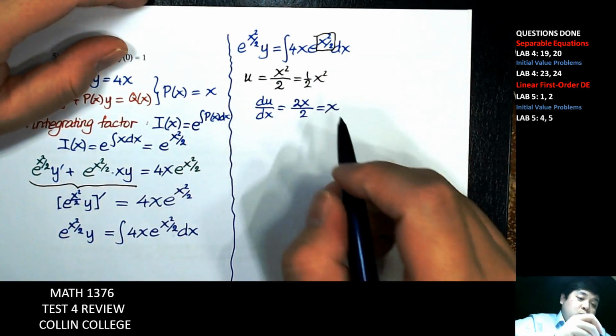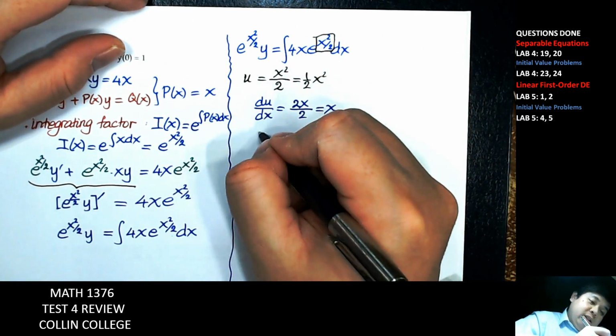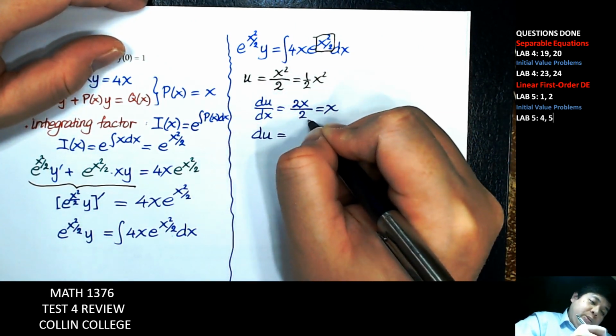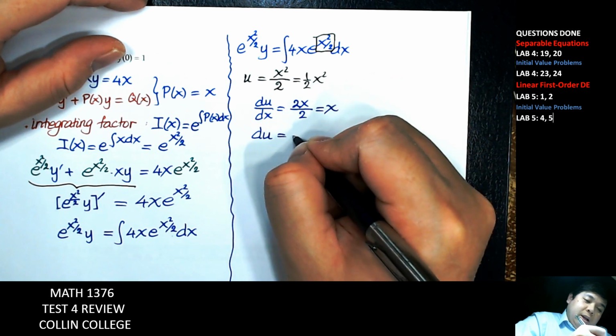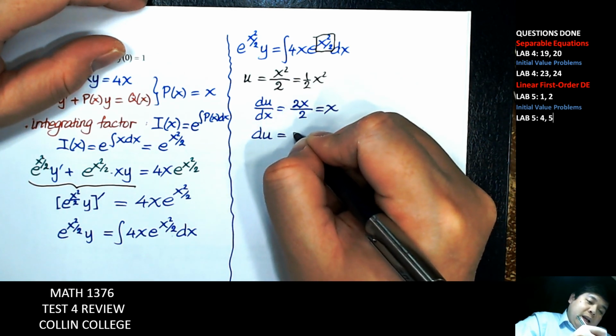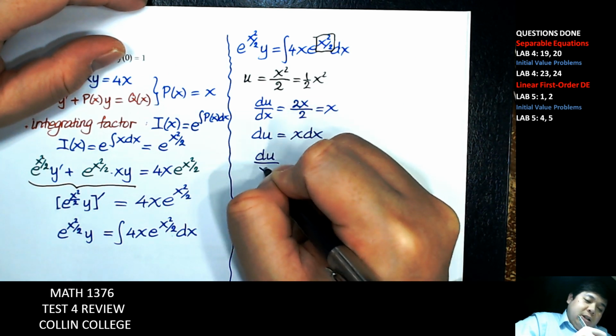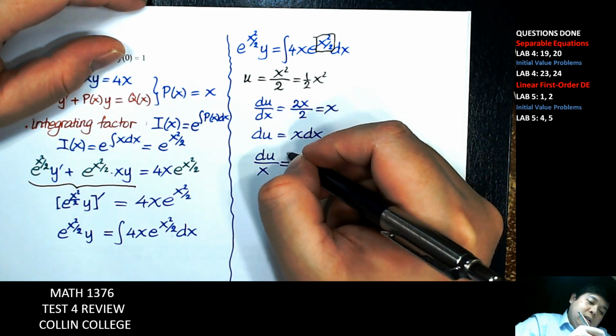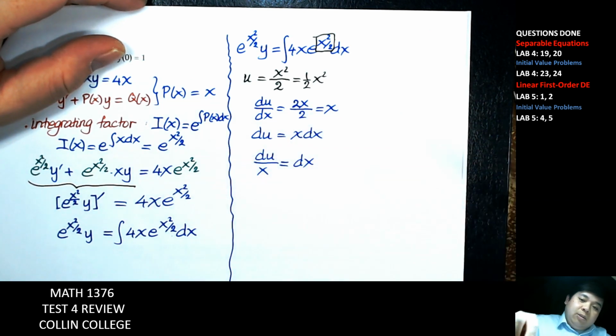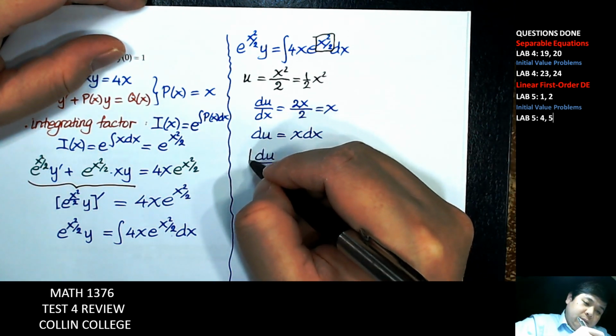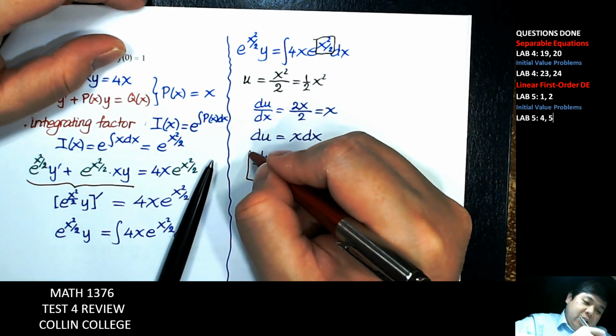Our bottom line is, that's what we have. Move the dx over, we have du equal to x dx, or du over x is dx.